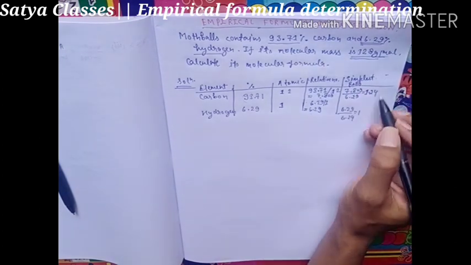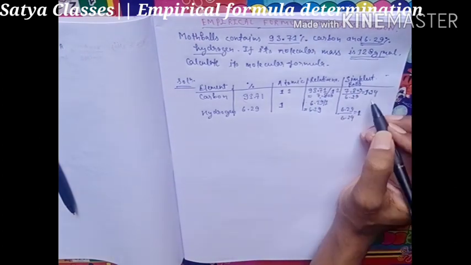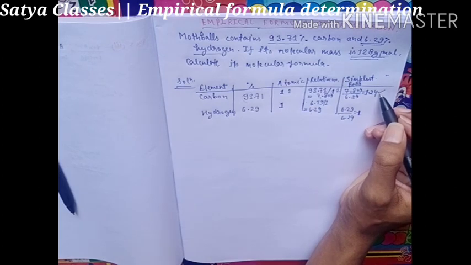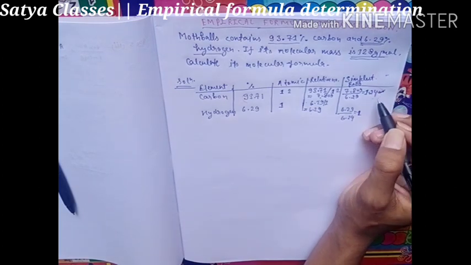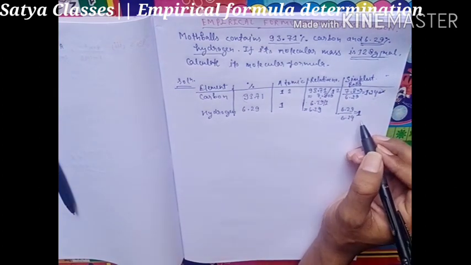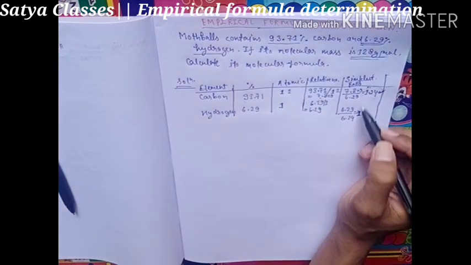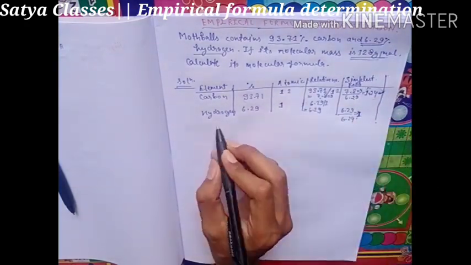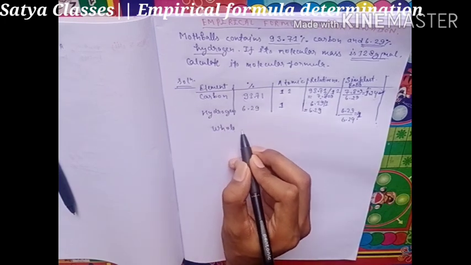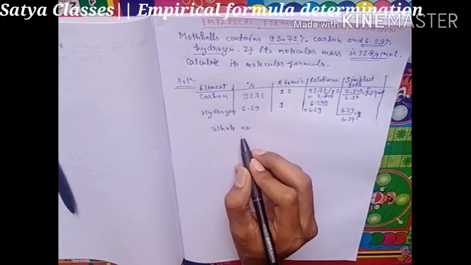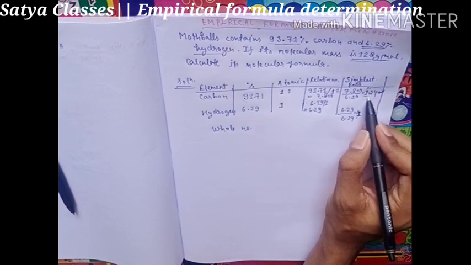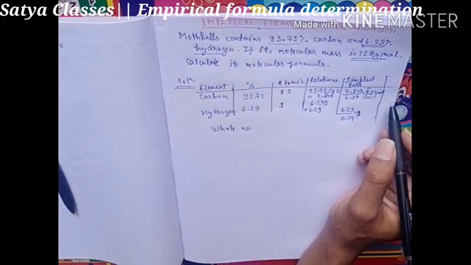Still, this number seems to be a decimal and this is a whole number. For making both elements whole numbers, think for a while how to make this number a whole number.